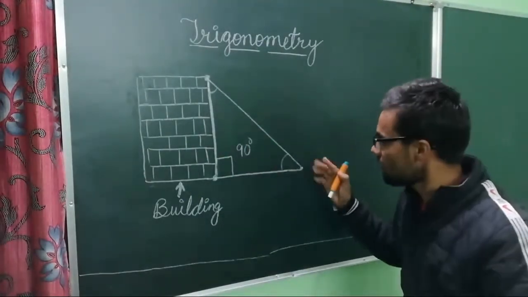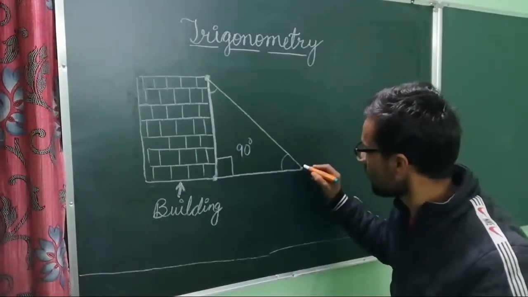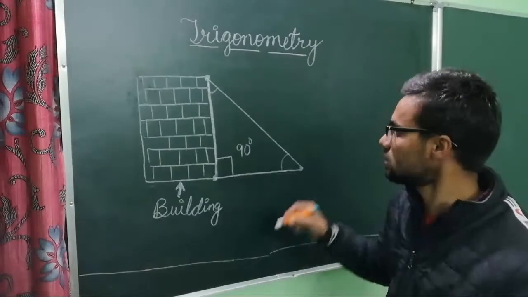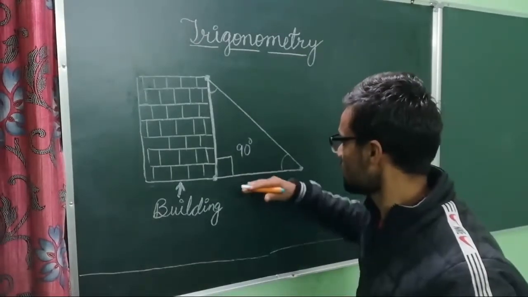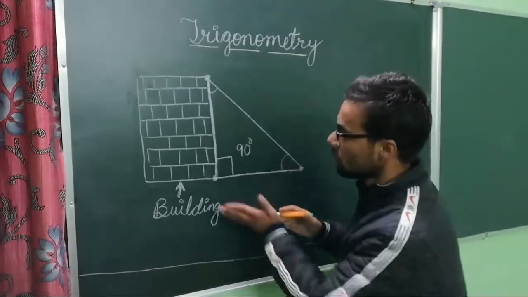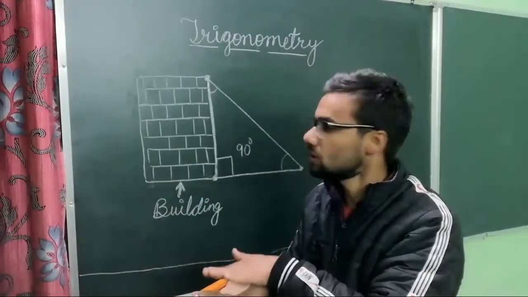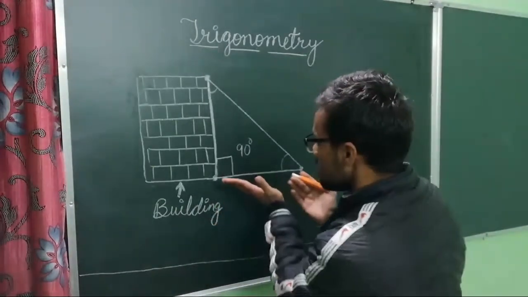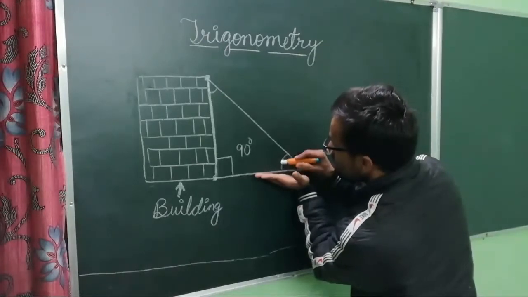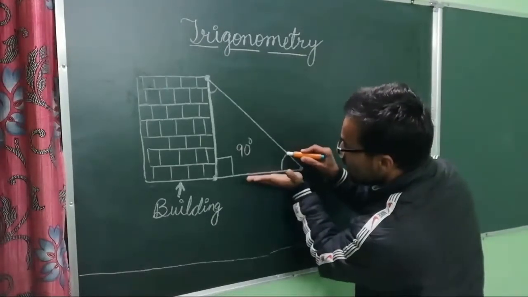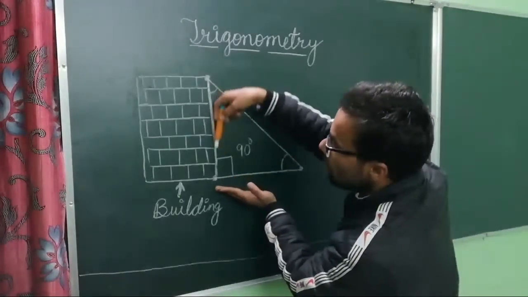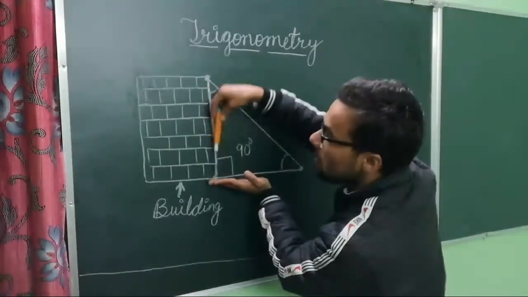So today I will tell about this: if I see from this point and I want to find the height of this building, first of all I see what the name of this side is. You know, this building stands on which base? This is the base. If your angle of observation is here, then this side is always called the base, and this side is called the perpendicular.